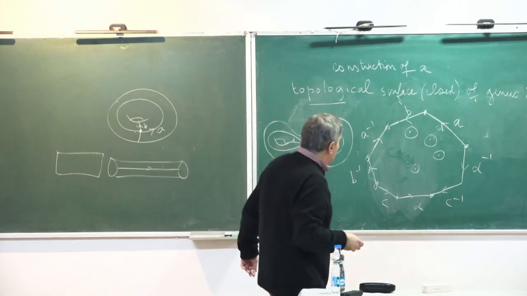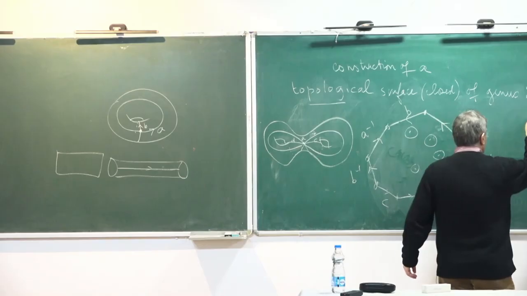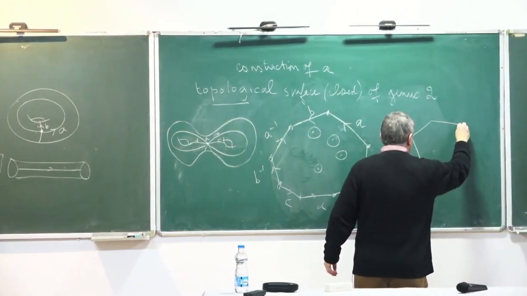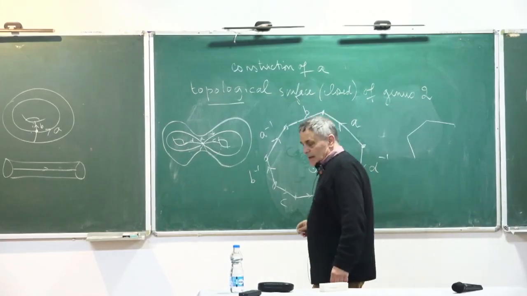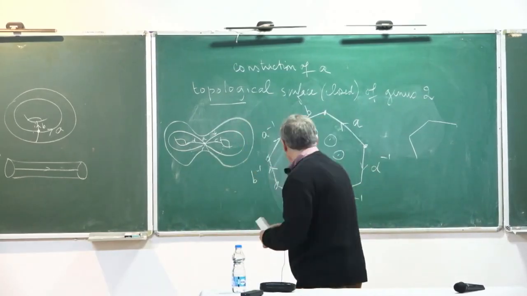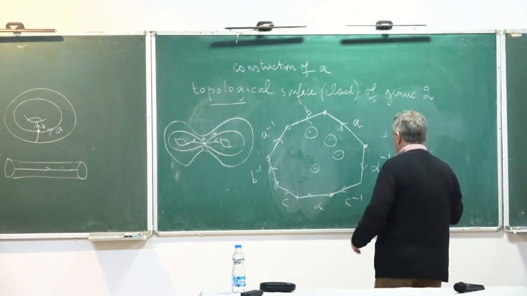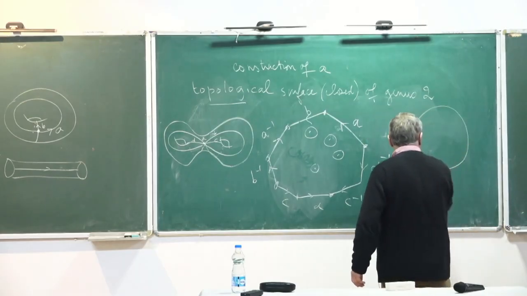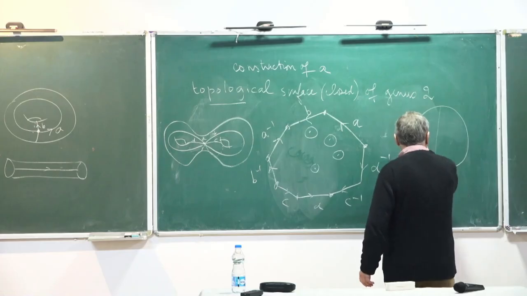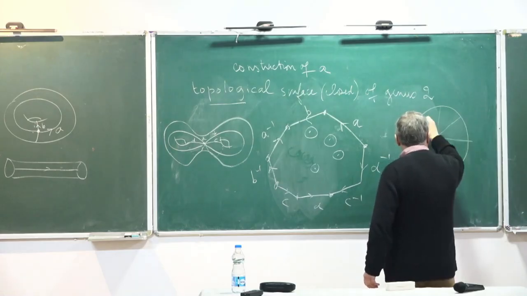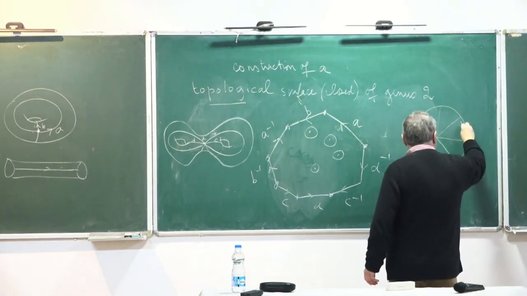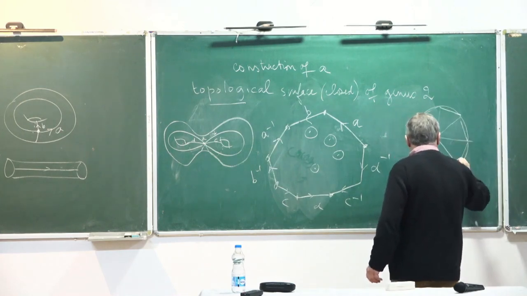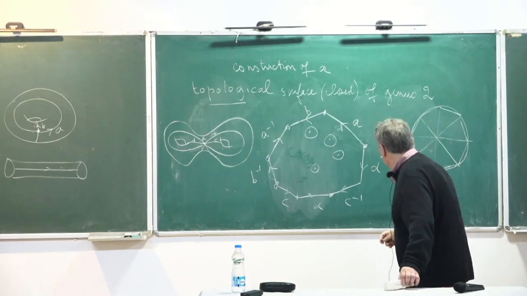So why don't I start with a regular octagon? I want a regular octagon. The only way I can do this is to draw a regular octagon.